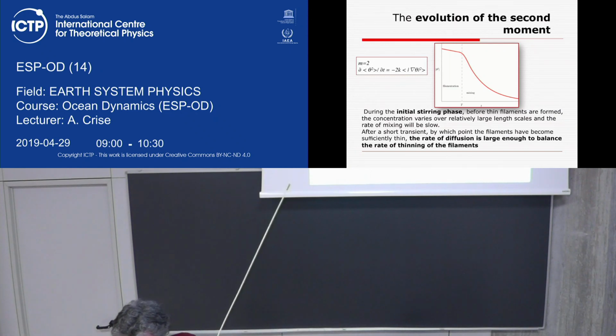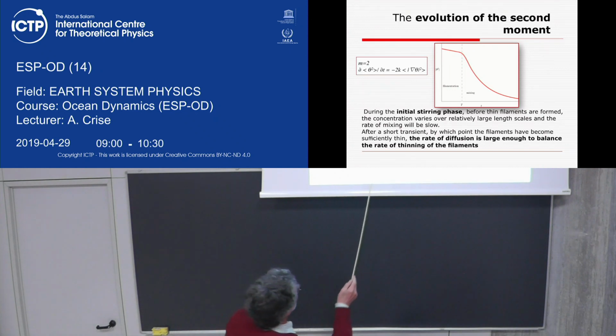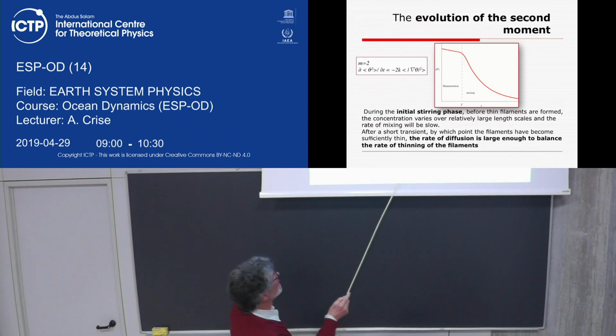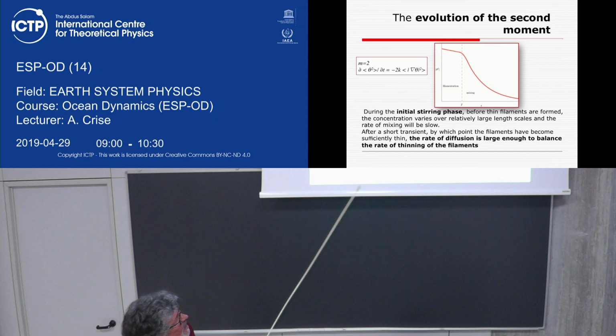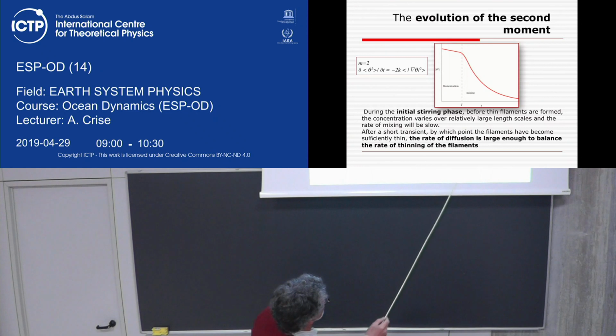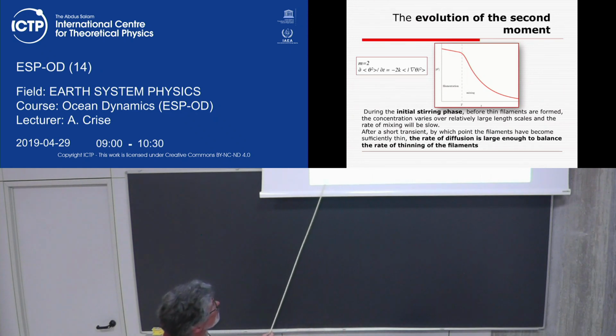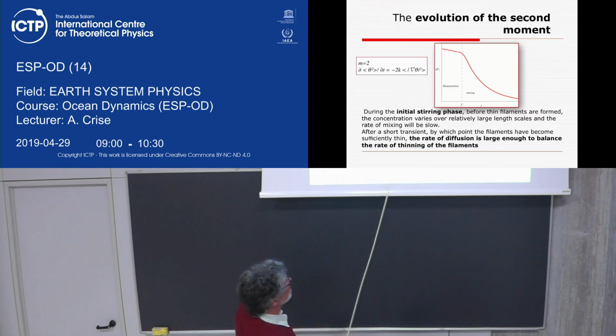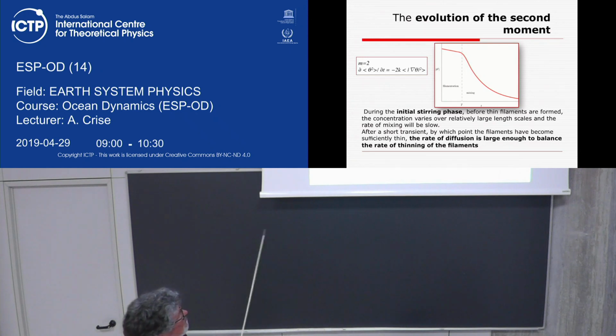But what is interesting is that you don't have a continuous transition between filamentation and mixing. You have this initial stirring phase and concentration varies over a relatively large length scale, and the rate of mixing is low. So here you begin to create filaments, but the filaments are large compared to the whole domain, so the gradient is not too high.